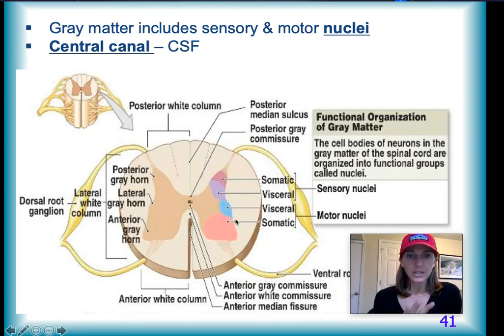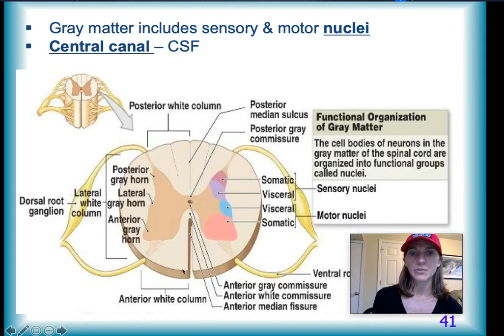Now, I intentionally included this graphic because it uses the terms posterior and anterior instead of dorsal and ventral. I want you to appreciate that those terms are interchangeable. You see them both used, and I think it gives you a better appreciation for some of the different vocabulary that can be used here. You'll note, and also on your study guide, that on the posterior side, you have a median sulcus.